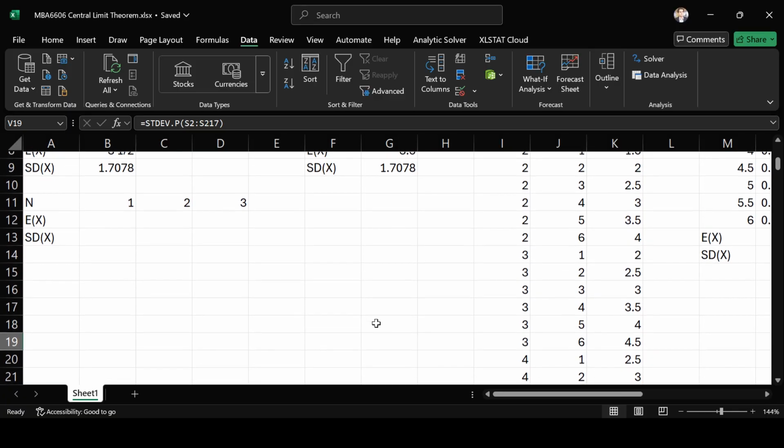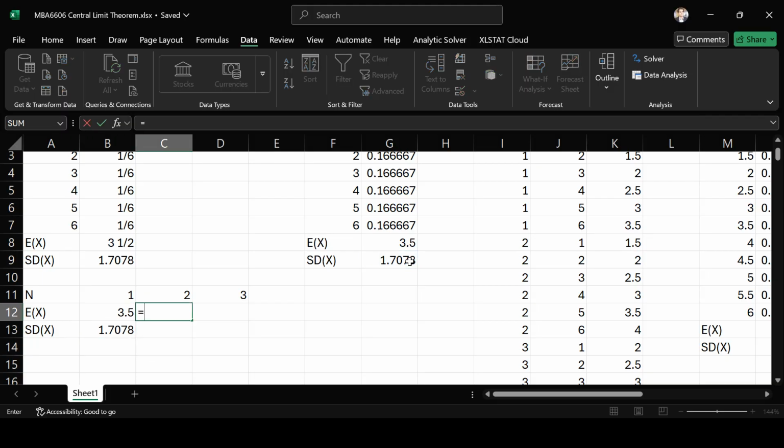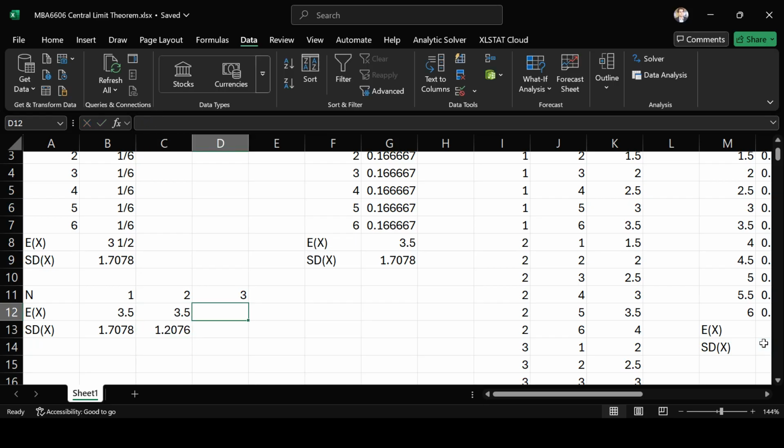And let's fill this table with 1, expected value 3.5, with sample size of 2, expected value is again 3.5, and the standard deviation is this.